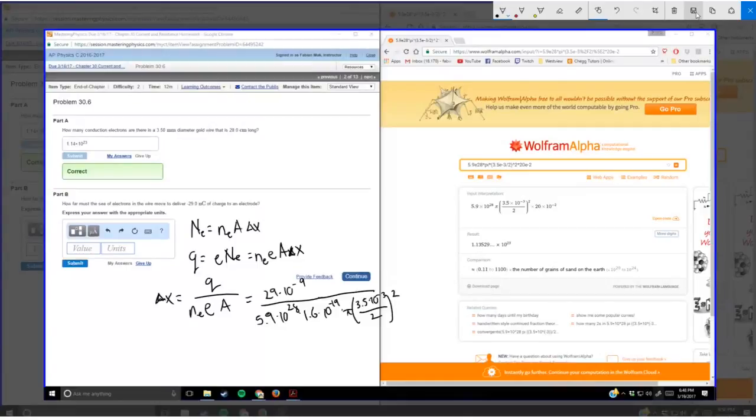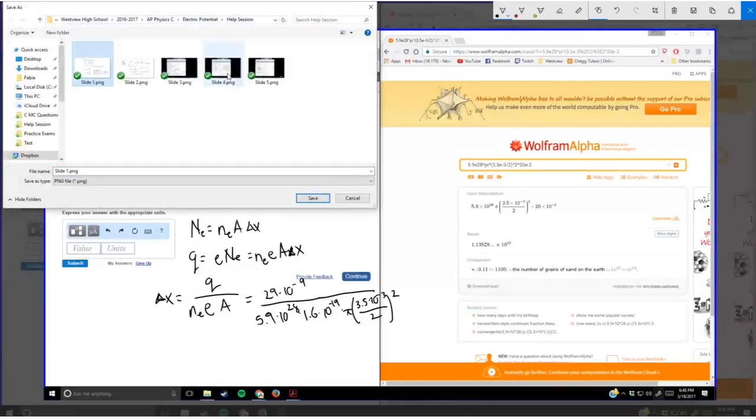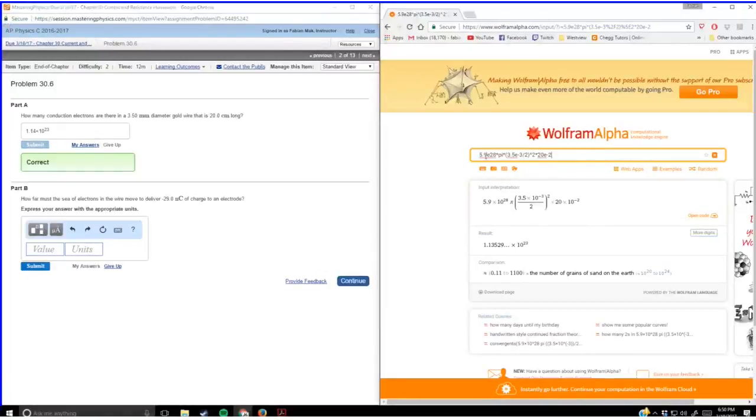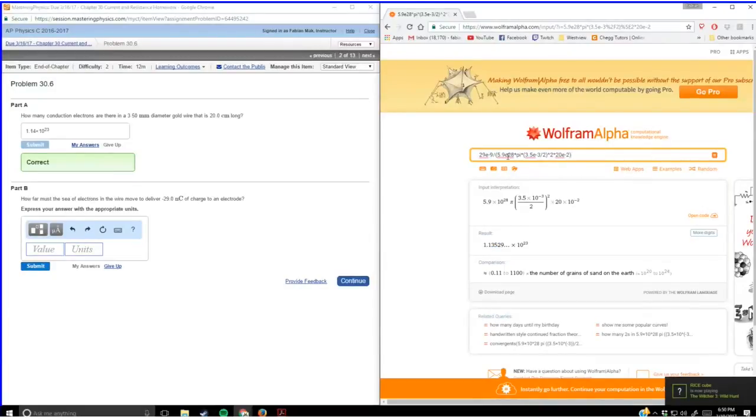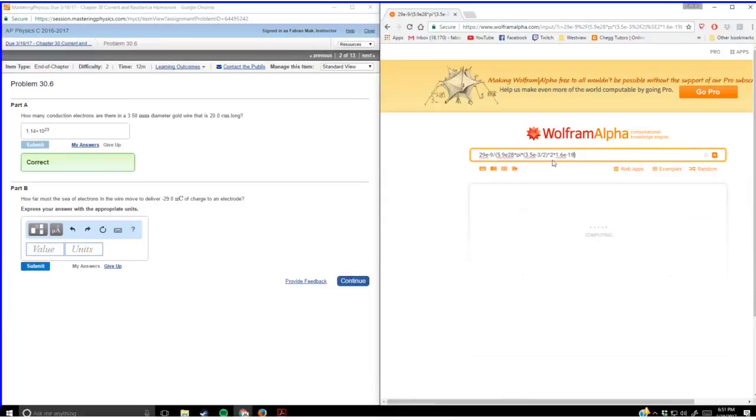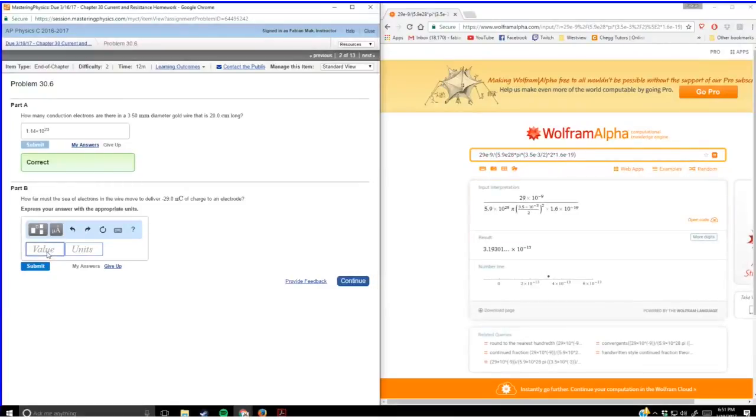So let's do it. 29 divided by this thing. Let's see, here we have n, we got the area, and then we wanted the charge of the electron. So something like that.